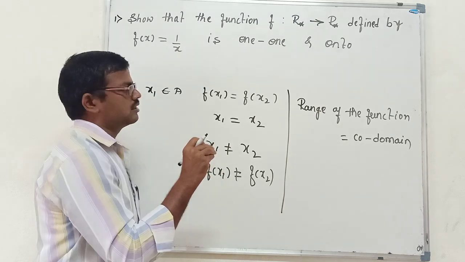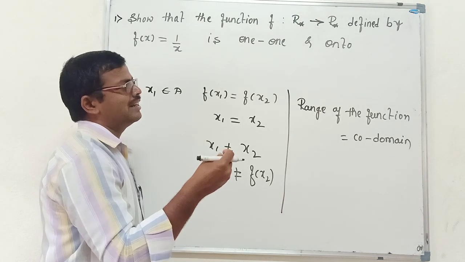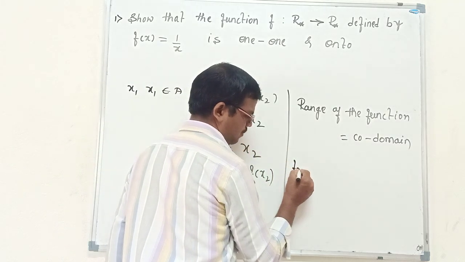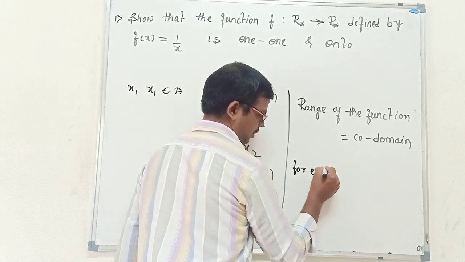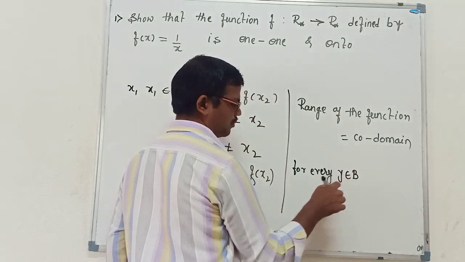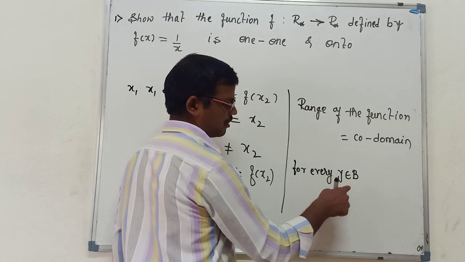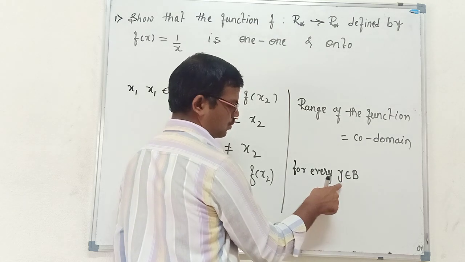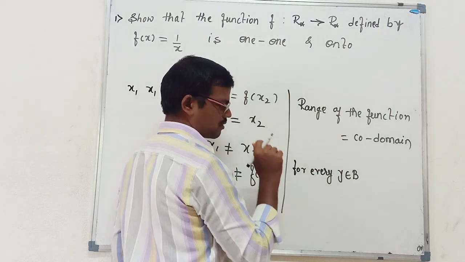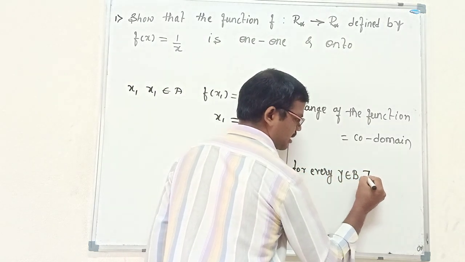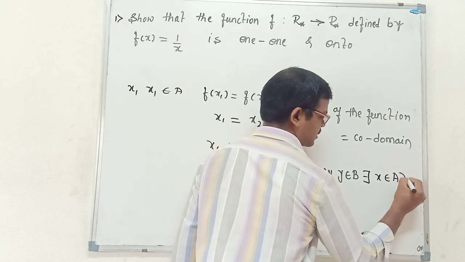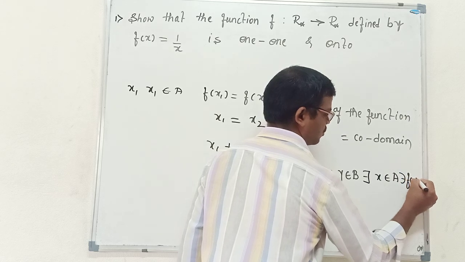For every y belongs to the codomain B, there exists an x which belongs to the domain A such that f of x equals y.